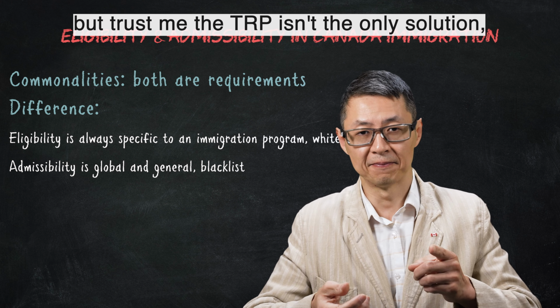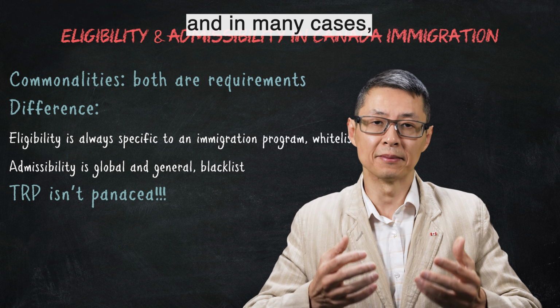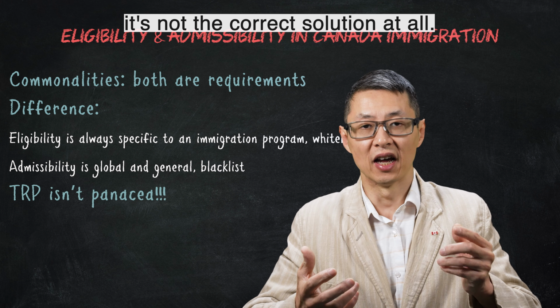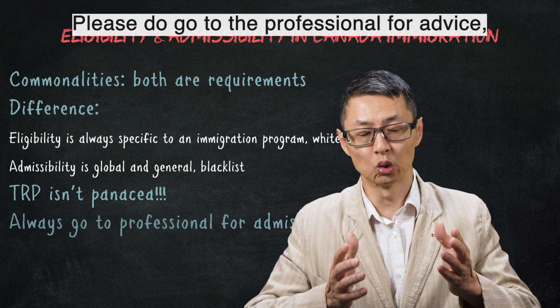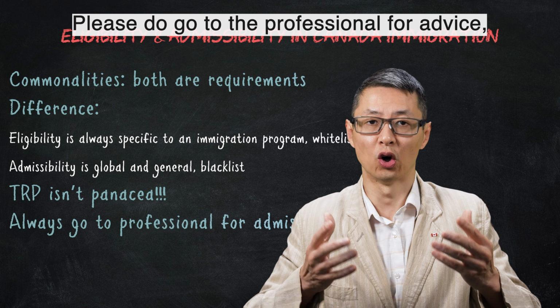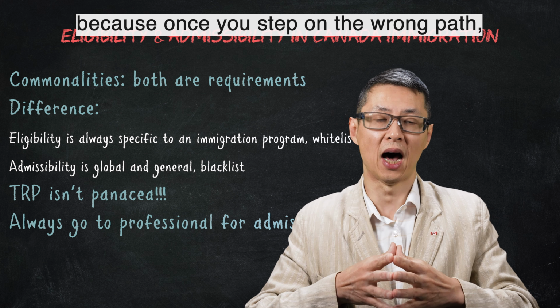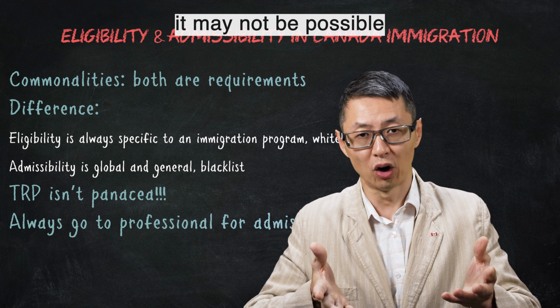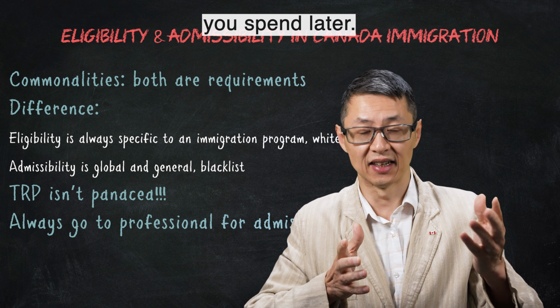But trust me, the TRP isn't the only solution, and in many cases, it's not the correct solution at all. Please do go to a professional for advice, because once you step on the wrong path, it may not be possible to save you, no matter how much money you spend later.